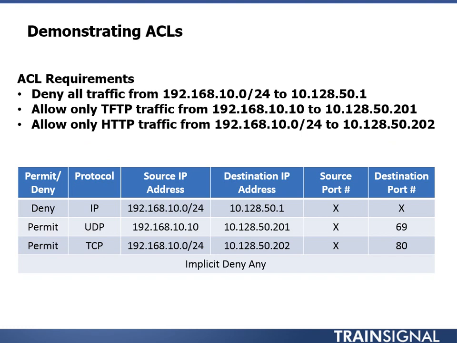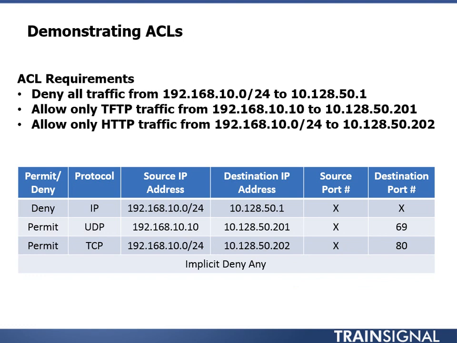We put in the source address range of 192.168.10.0/24. We have our destination of 10.128.50.202. Source port number doesn't matter. Port 80 is our destination. Now, something that's very important to remember here is that access lists are applied in the order that they are configured.